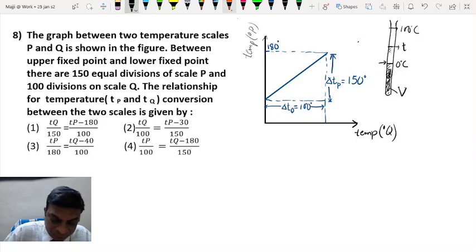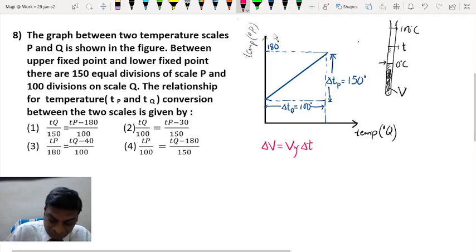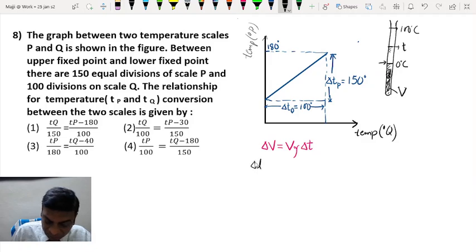Now we know that for a liquid, the change in volume is equal to original volume into gamma into delta T. Now this change in volume is nothing but change in length multiplied by cross-sectional area. This is the original length multiplied by cross-sectional area.